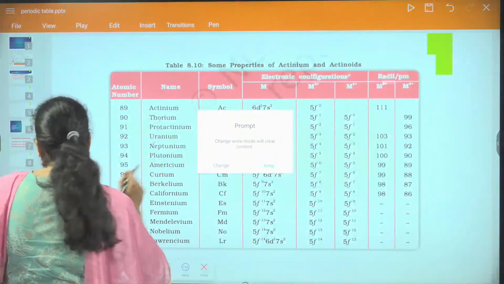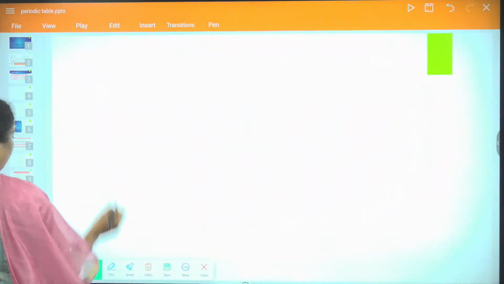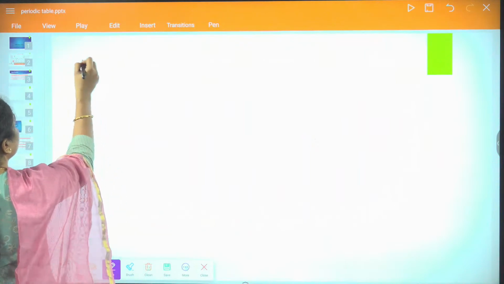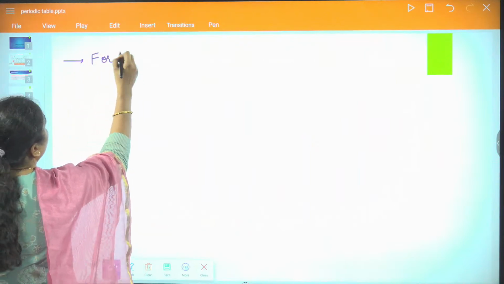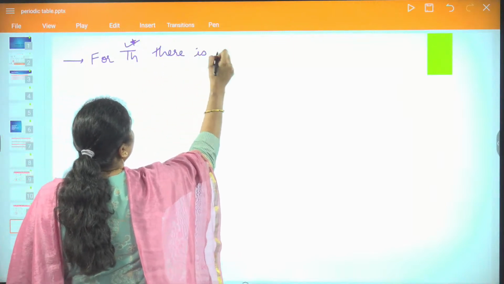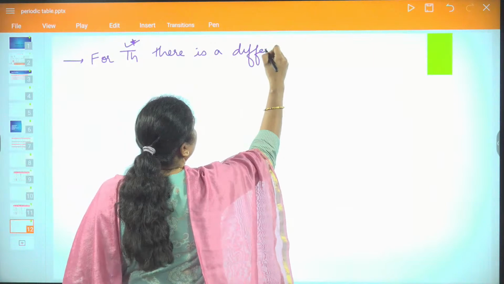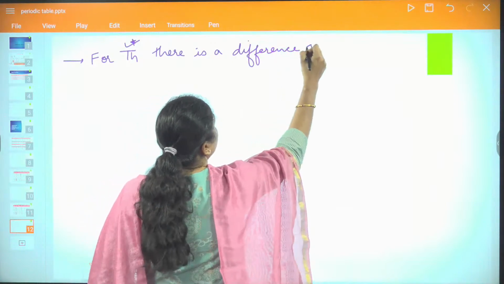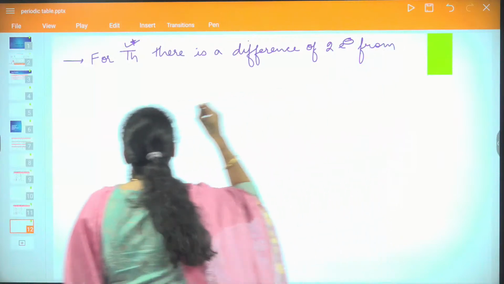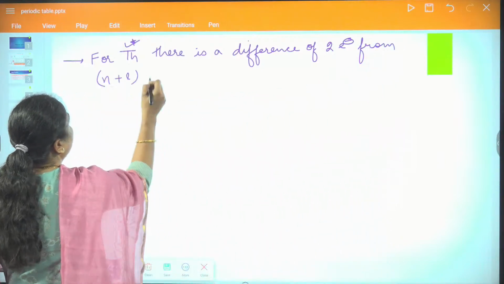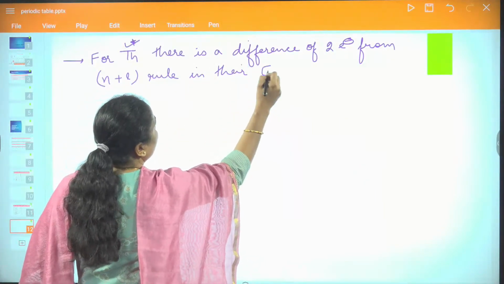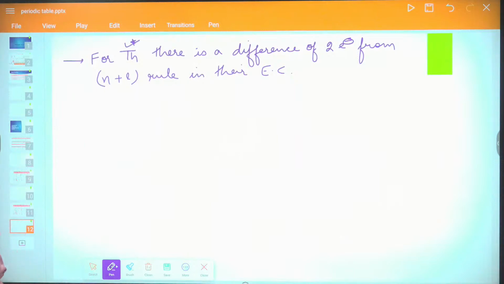So now let us write for thorium, there is a difference of 2 electrons from the n plus l rule in their electronic configuration, right?